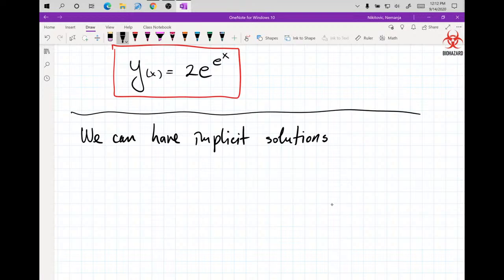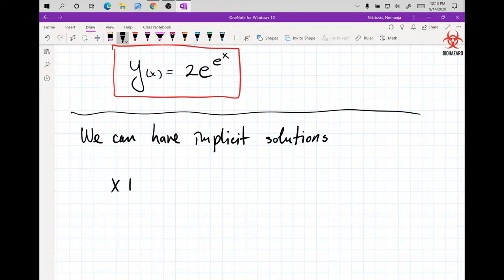What would give us implicit? Well, let's try with this and see.